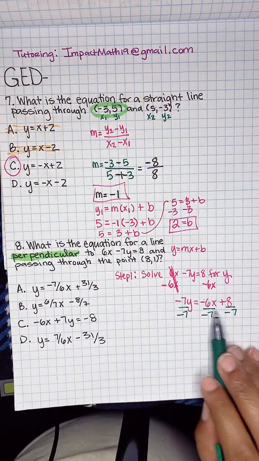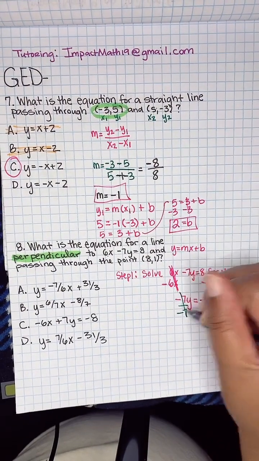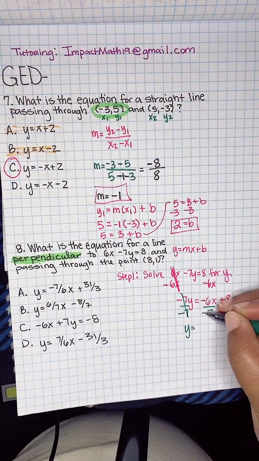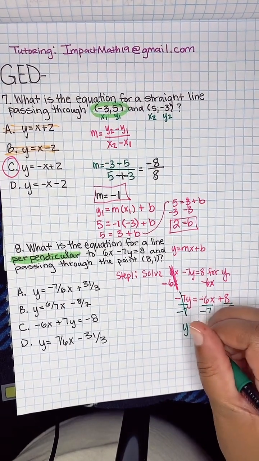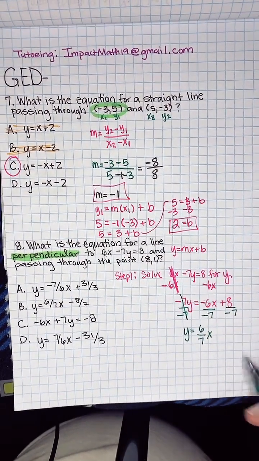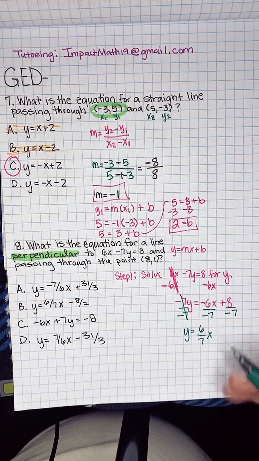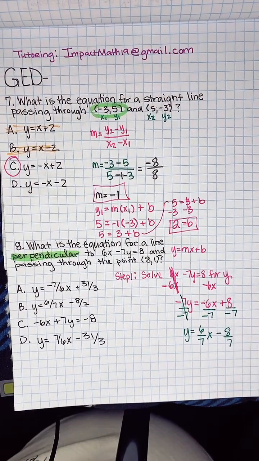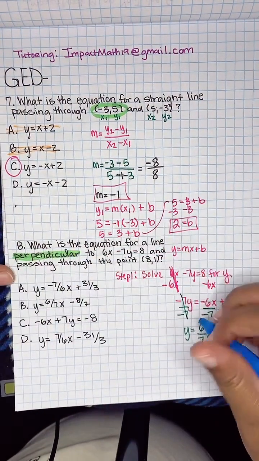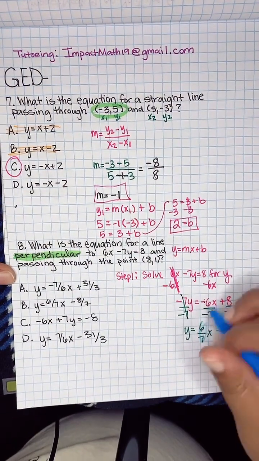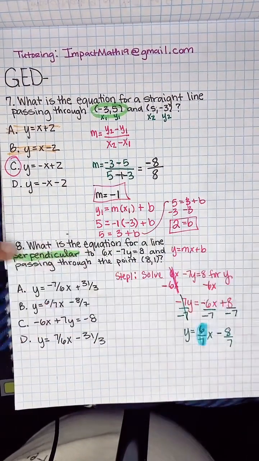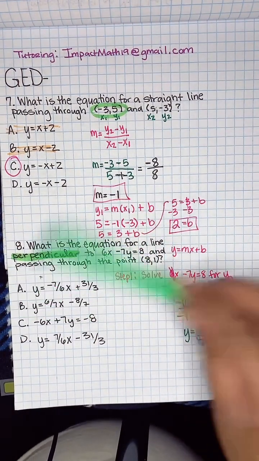What we do to one side, we have to do to everything. So this cancels, and we get y equals. A negative divided by a negative is always a positive. So we get 6 over 7 x, and then minus 8 over 7. The only thing we care about is this slope right here, because of this word perpendicular.